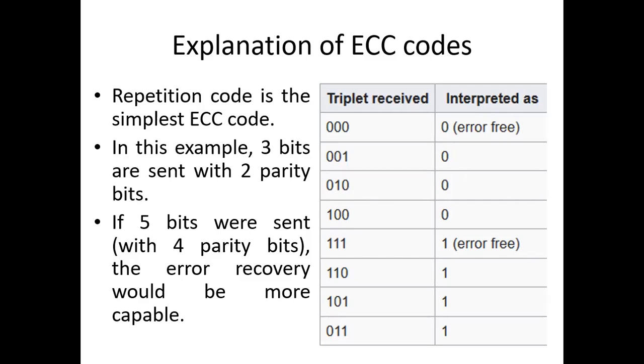So if I just take this particular example, whether you send 3 bits or 5 bits or say 7 bits. Well, if your radio link quality is excellent, you don't need to use multiple bits. You just send 0 and 1 directly. There shouldn't be any error on the way.